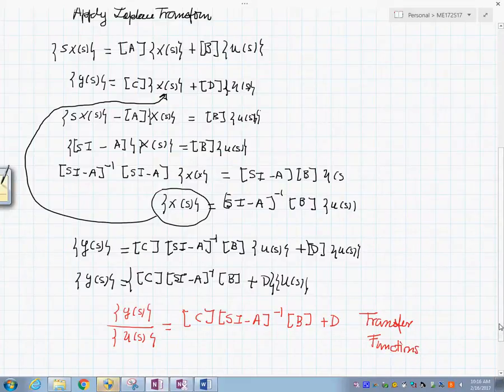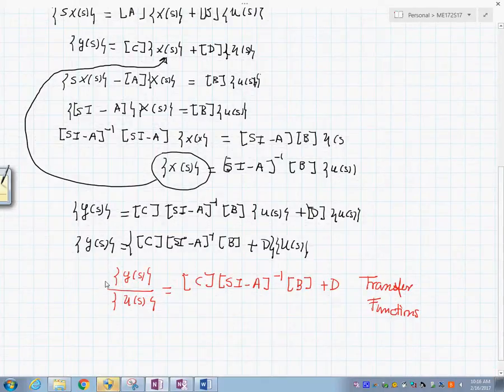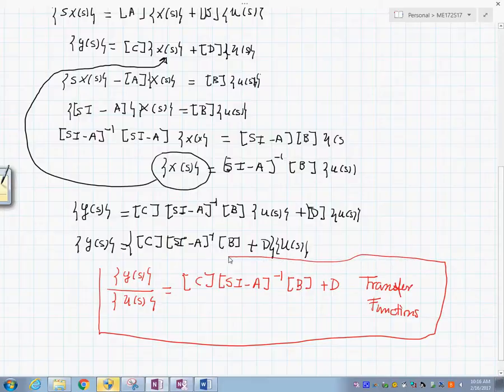So this is an important little demonstration that we should always keep in mind: knowing the state space form, by multiplying the matrices this way, we can obtain the transfer function.